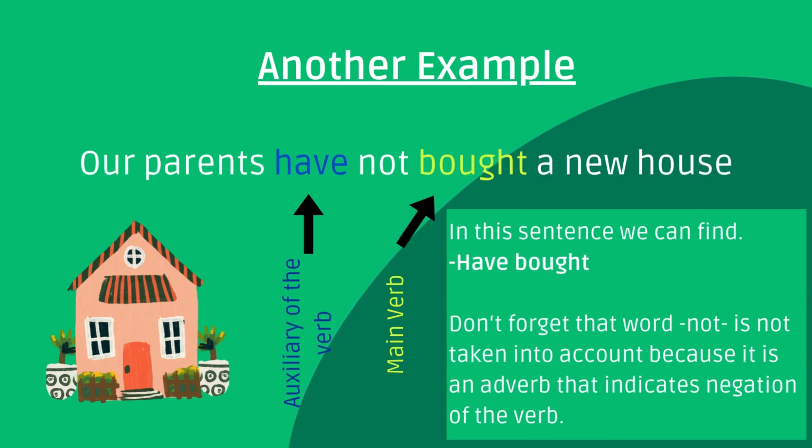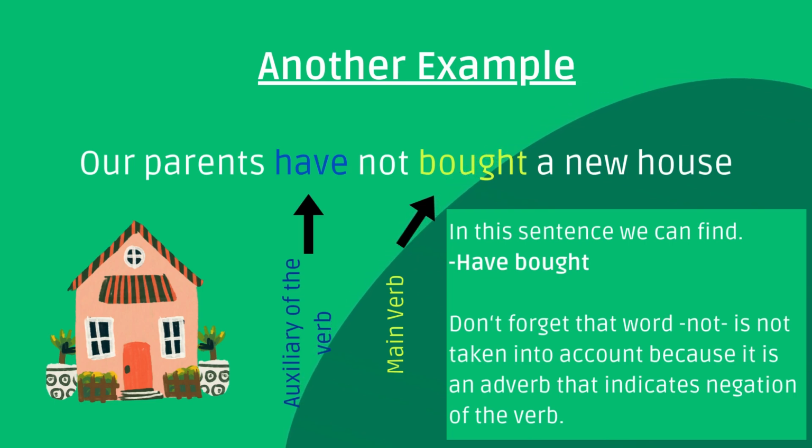The verb phrase is have bought because bought is the main verb, which indicates the main action of the sentence, and it is accompanied by the elements have not that form the negation in this case. Together they form the complete verbal structure of the sentence.